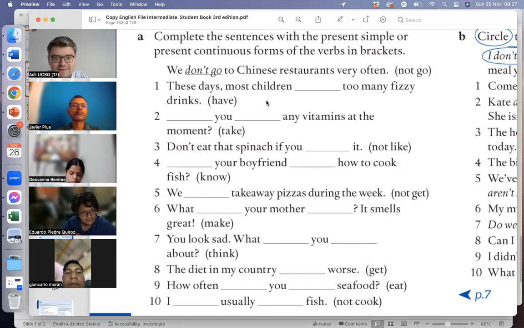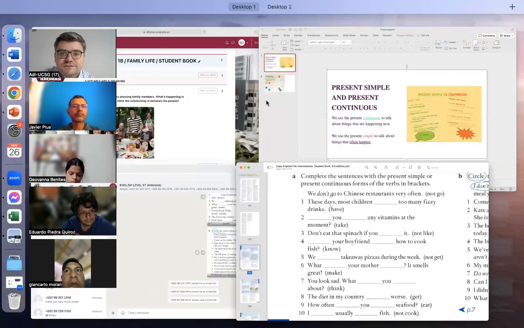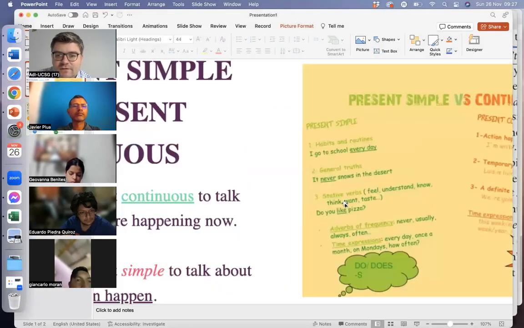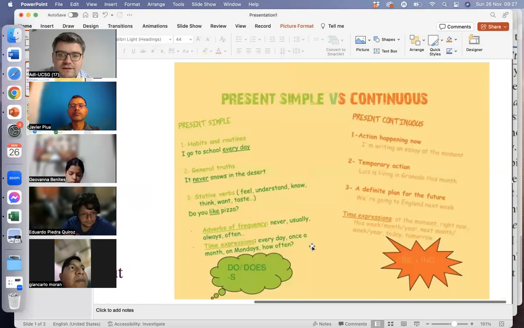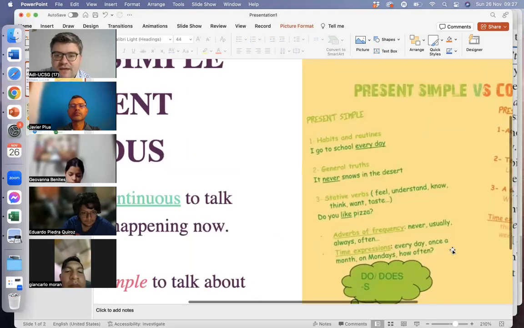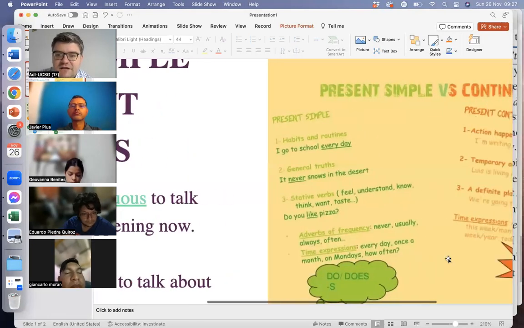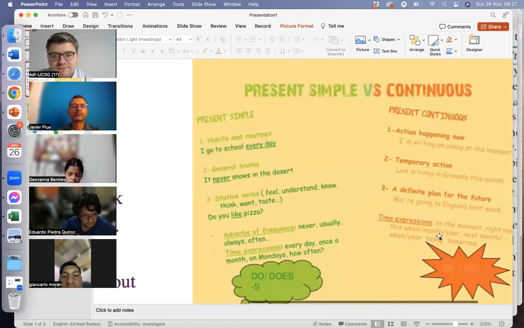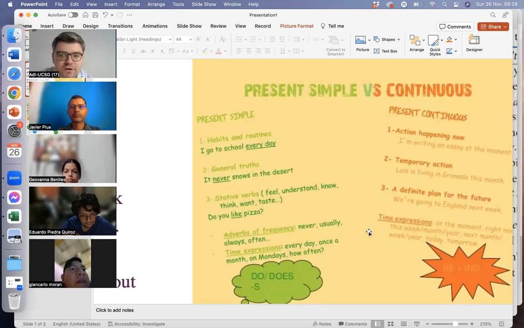Time expressions we use for both, but they are a bit different. Let me go back here. For example, if you look at the time expressions here: every day, once a month, on Mondays, how often. Time expressions for the present continuous would be at the moment, right now, this week, this month, today, tomorrow.